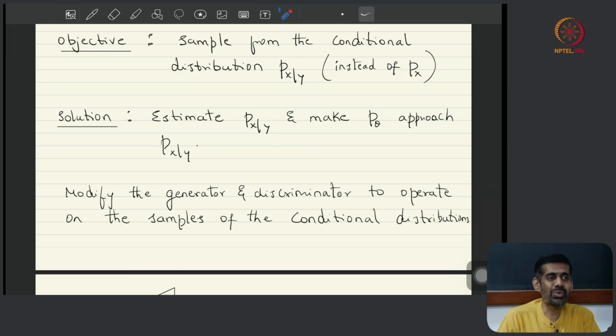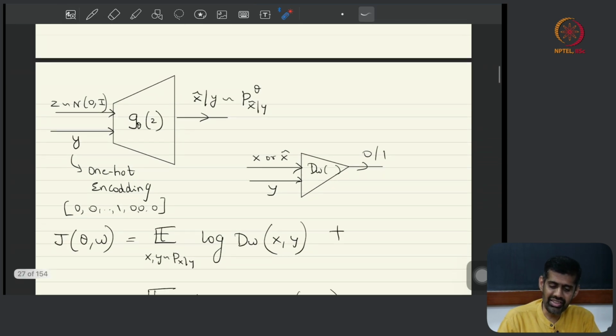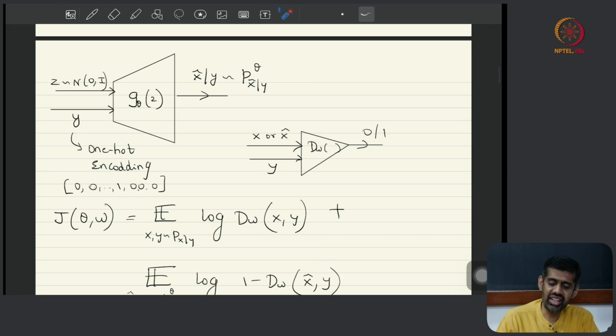Can somebody suggest how to modify the whole framework to ensure that this would happen? Turns out that it's pretty simple. The way you do it is that you concatenate the arbitrary input random variable with the conditioning random variable. That's it. You do the same thing with the discriminator.